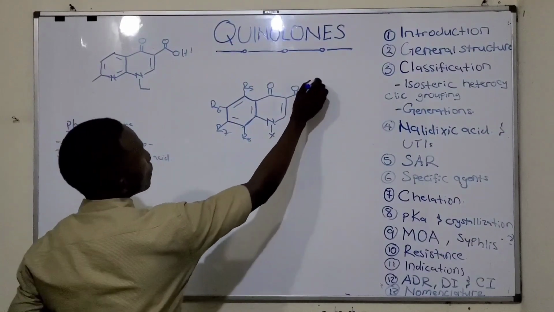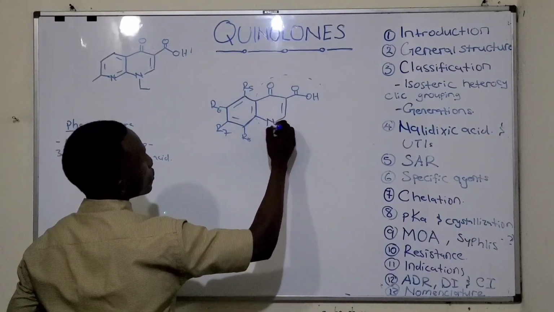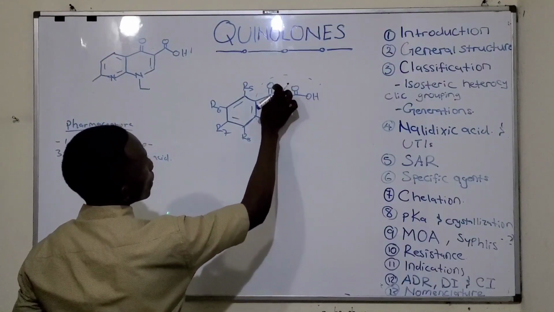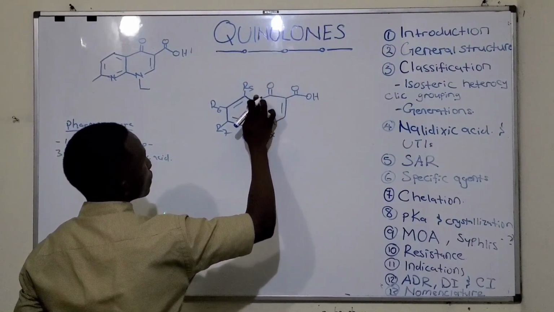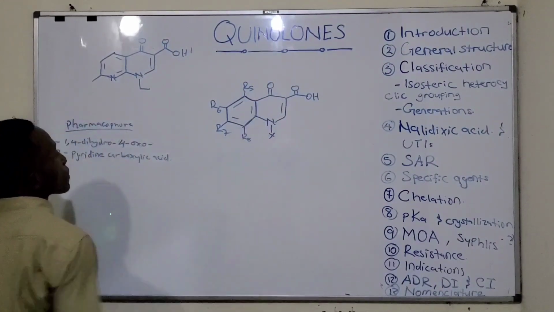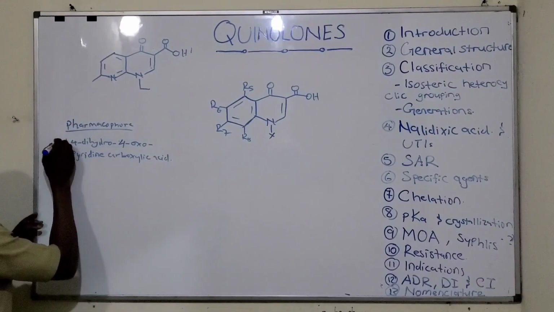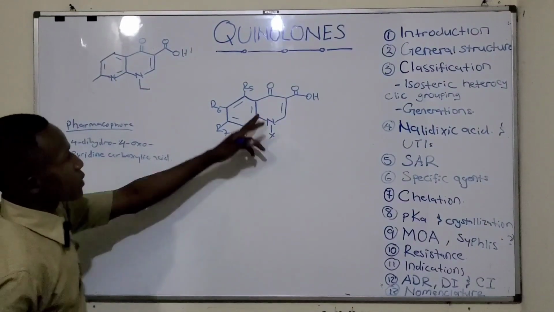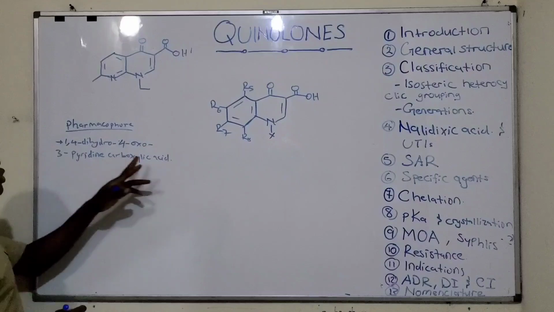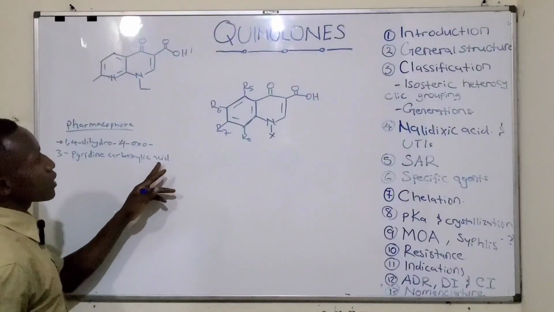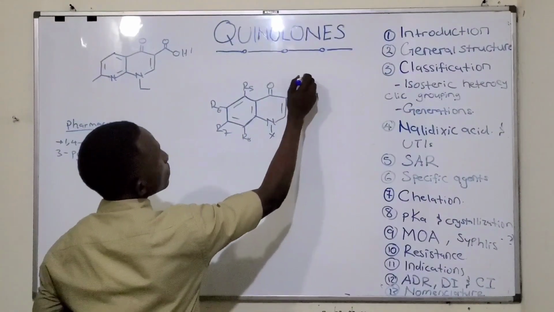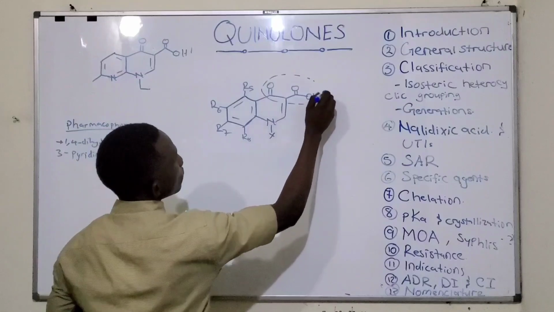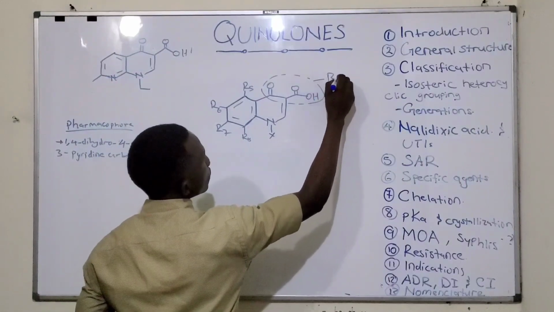So this is the pharmacophore, this ring here with the carboxyl group and the ketone group. It is very essential, it must be there, because this group is responsible for binding to the DNA.